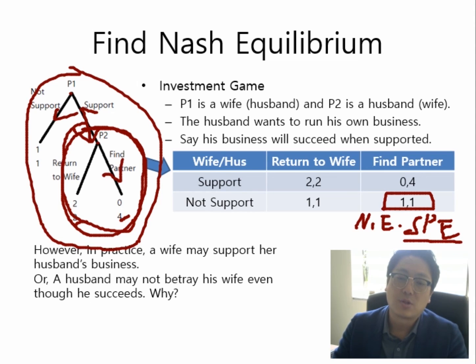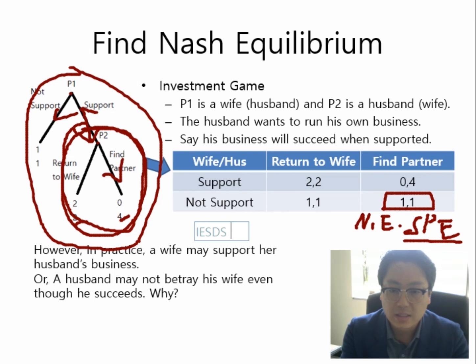Again, some Nash equilibria are not subgame perfect Nash equilibria. What it means is that subgame perfect Nash equilibrium is a subset of Nash equilibrium. So you may remember this. IESDS includes a superset of Nash equilibrium, including Nash equilibrium and SPE.